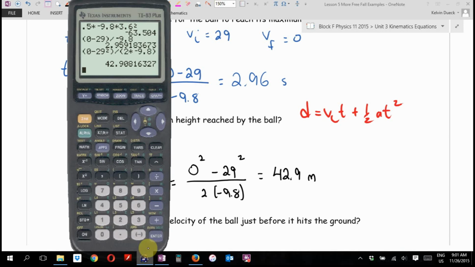In other words, I would very quickly go, okay, what was VI? 29 times 2.96 plus a half times negative 9.8 times 2.96 squared. Did I also get 42.9? You know what? That can't be a fluke. A is right as well. Yay, I know they're both correct.